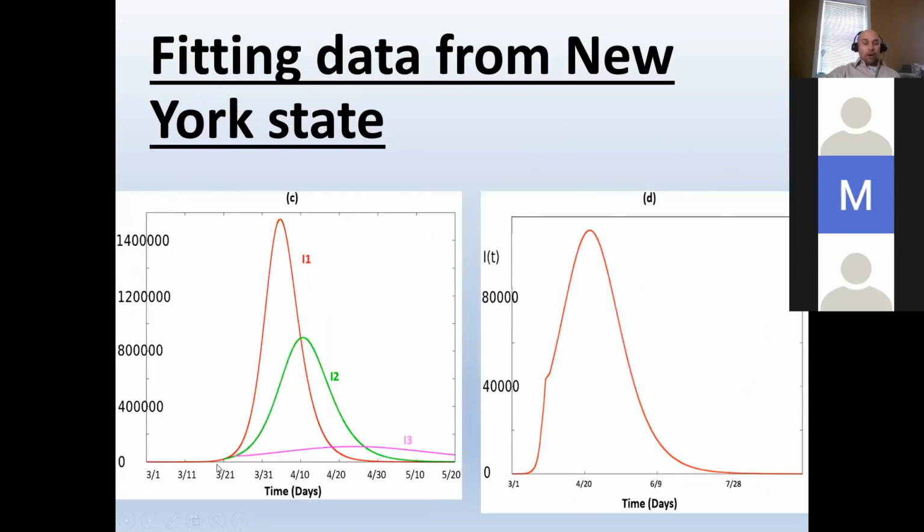Okay, now this is the first. I1 is the time course of infected people if you don't change your initial K. But to fit the data, we had to change the K. So for example, it means that on March 21, more or less, we want to change the K to fit the data.